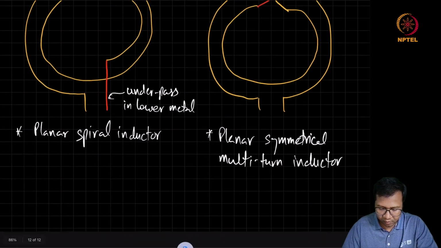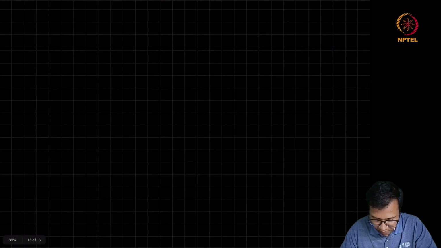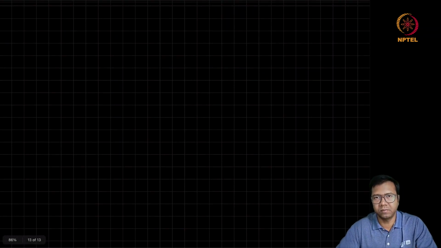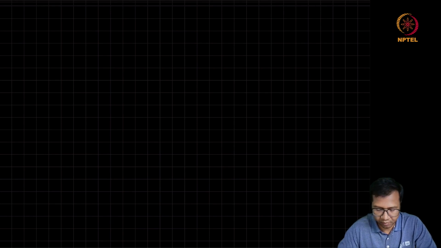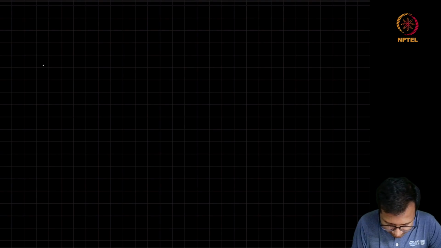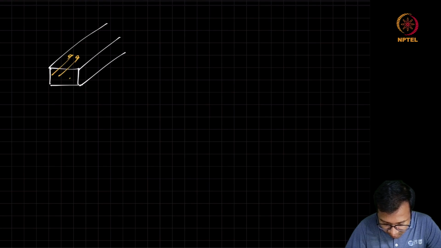Now, when we are trying to realize these inductors, we need to keep in mind that there will also be some other undesired effects which will come into the picture. So when current flows in a metal, we expect that current is flowing uniformly in the entire cross section.